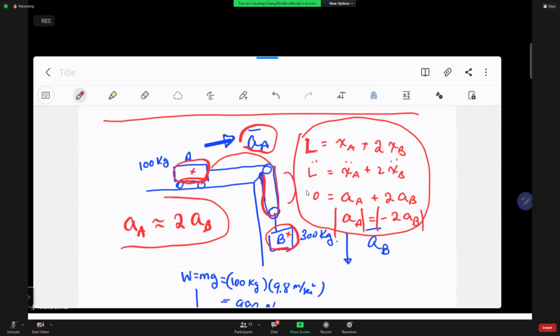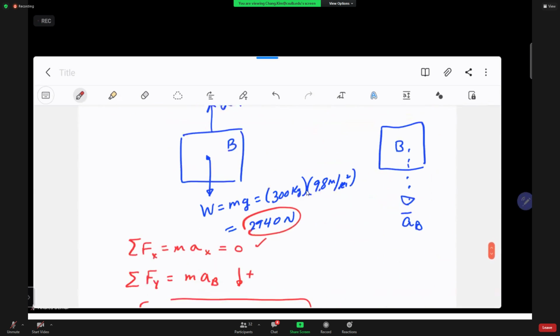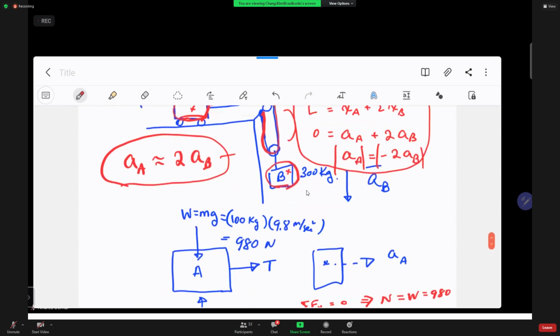So this is the third equation that you need to know. So you have 3 equations and 3 unknowns now. This is the first, this is the second, and this is going to be the third equation.